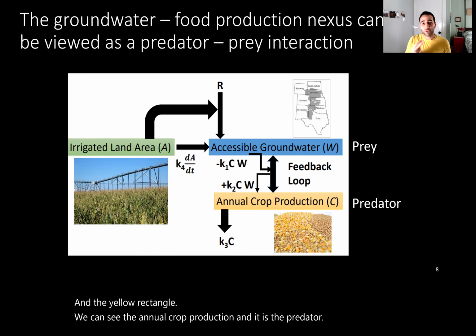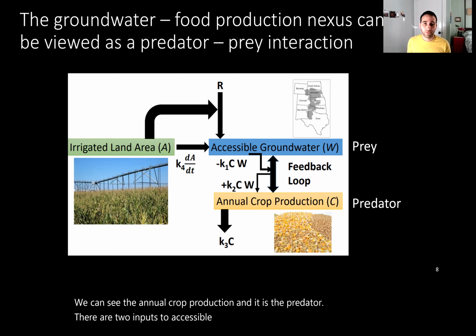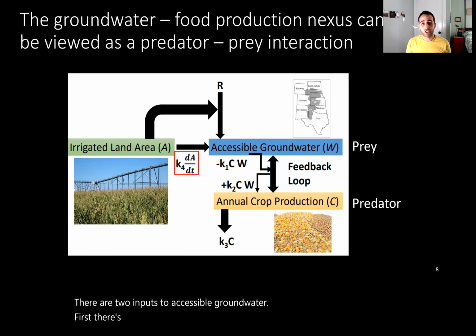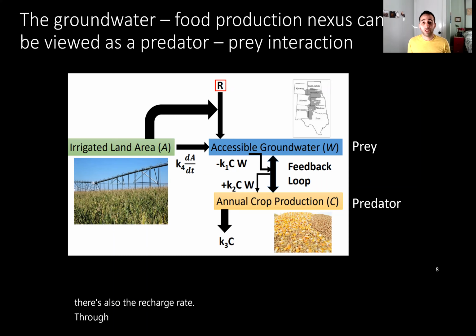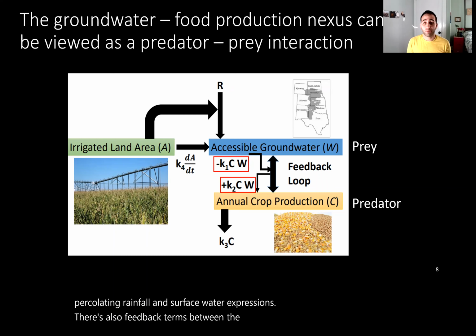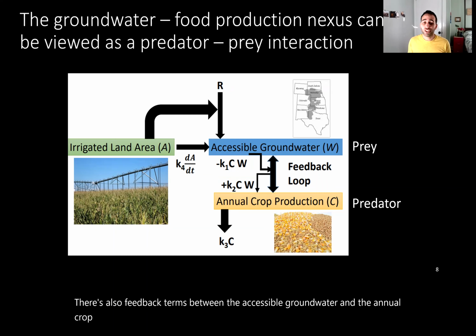There are two inputs to accessible groundwater. First, there's the irrigated area expansion through the drilling of new wells. And there's also the recharge rate through percolating rainfall and surface water expressions. There are also feedback terms between the accessible groundwater and the annual crop production, and a depreciation term that sets a limit on the growth of the rate of crop production.